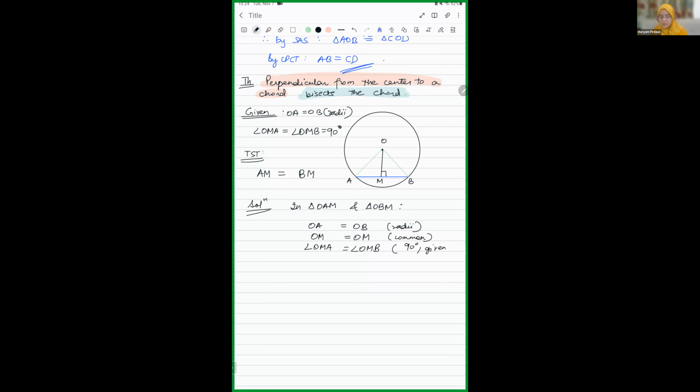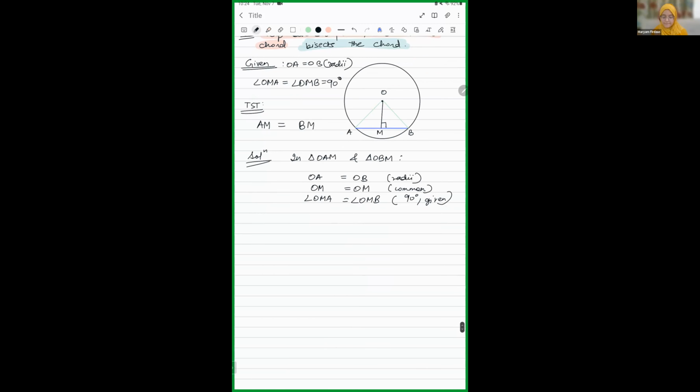Now, which rule are we going to use here? SAS. This is S, this is A, this is the other S. In SAS, we discussed that the angle is supposed to be included between those two sides, sandwiched by those two sides.